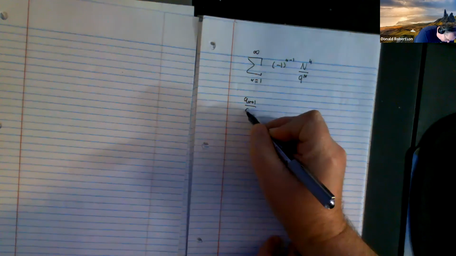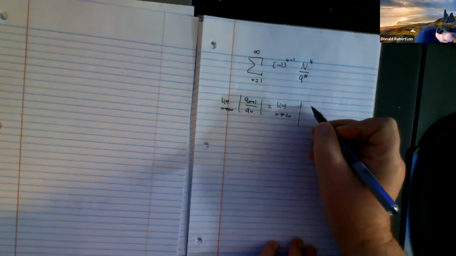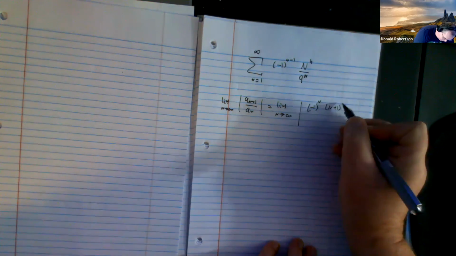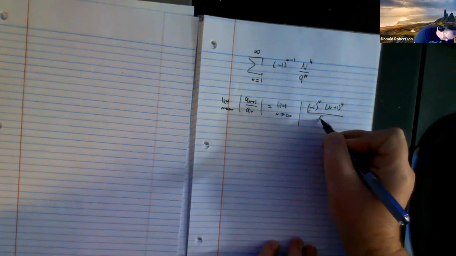So if you do a(n plus 1) over a(n), and you find the limit as n tends to infinity, it becomes the limit as n tends to infinity of negative 1 to the power of n. If you add 1 to that, you get n, and then you get n plus 1 to the 4 over 9 to the power of n plus 1.